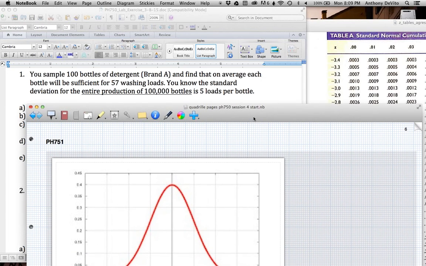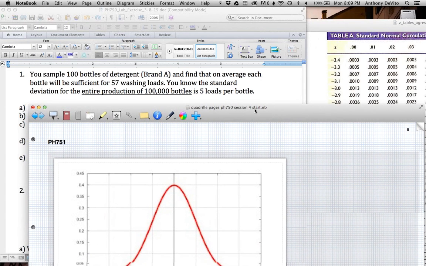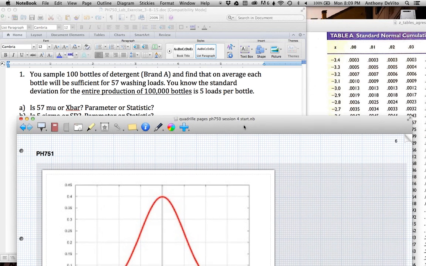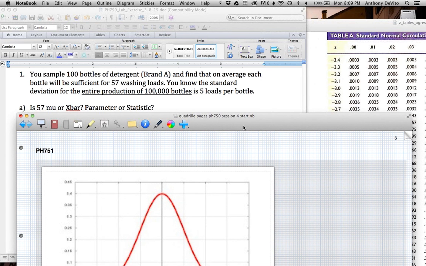Okay, so let's take a look at this. You take a sample of 100 bottles of detergent and find that on average, those 100 bottles, 57 wash loads. Is 57 mu or x bar? It's x bar, right?